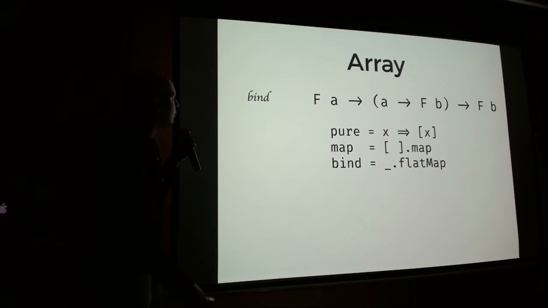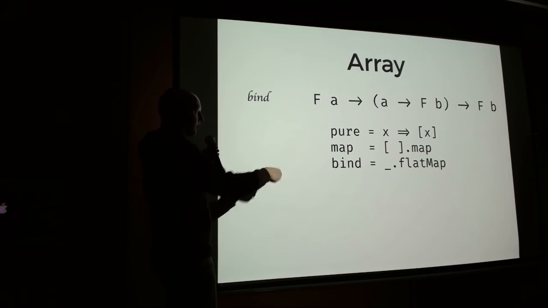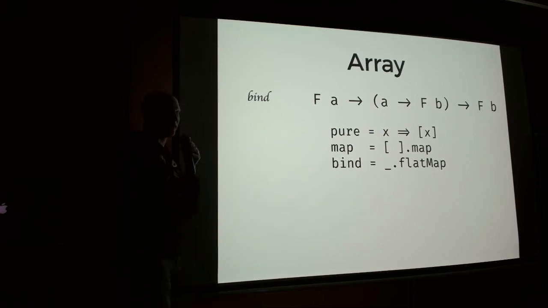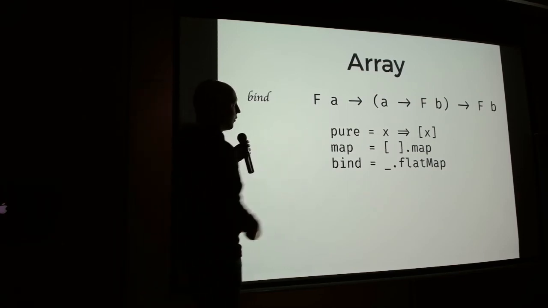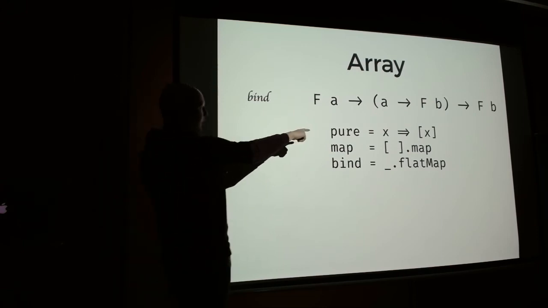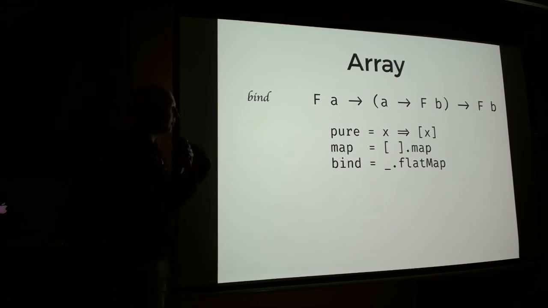For instance, arrays are monads. And bind for arrays is defined in very simple terms. But let's check all of them again. So we have pure, which is supposed to construct arrays out of simple values. It just creates an array of a single element. So for instance, you have an int, and then you have an array of ints of this one element.